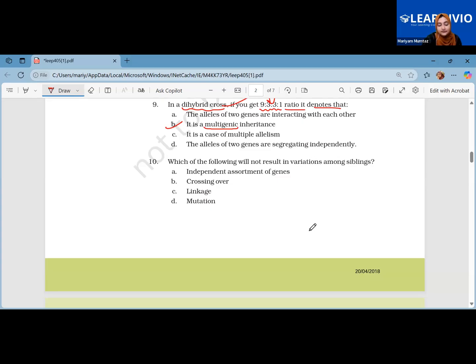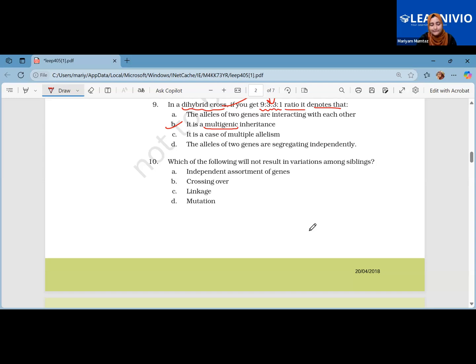Variation. The genes, the linkage. Linkage of the genes.